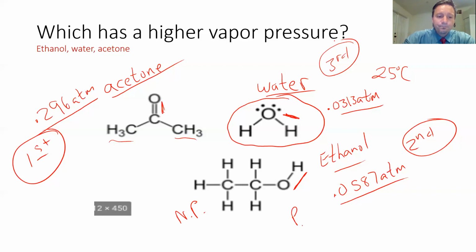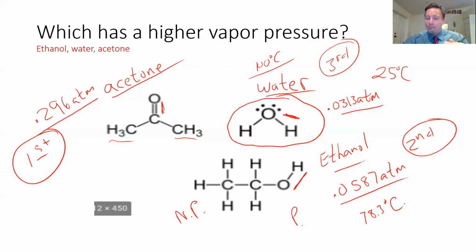Water, we know that water is 100 degrees Celsius. That's its boiling point. If we look at ethanol, because ethanol would dissolve in water, we could actually separate that based on its boiling point, because its boiling point is 78.3 degrees Celsius. So we have a vapor pressure of water that's very low and a very high boiling point.